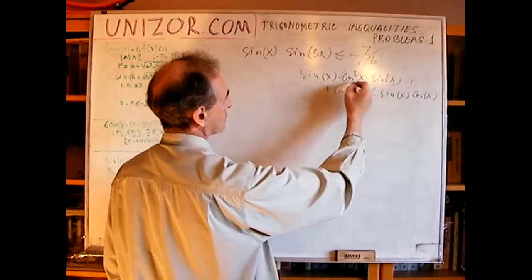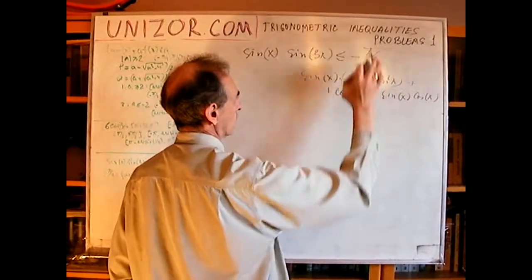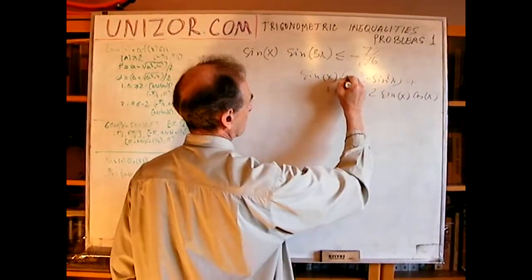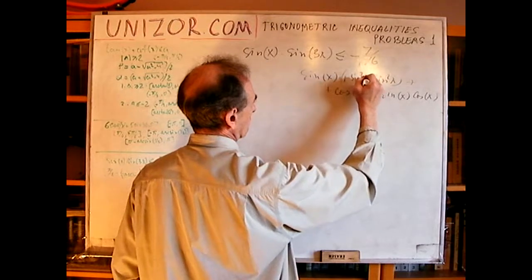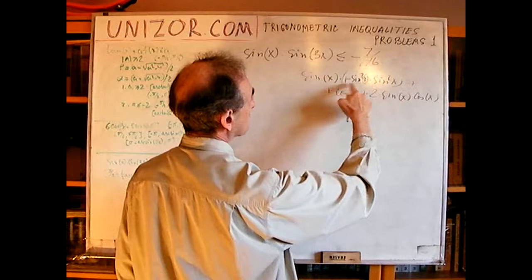And cosine square I will also convert into 1 minus sine square x. So I have here 1 minus 2 sine square.